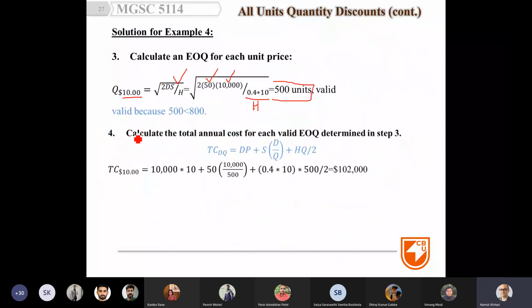Because this is valid, I need to calculate the total cost of the system. So which value should I use as the Q star? 500 is valid, so Q star is 500. Everybody agrees? Yes or no?